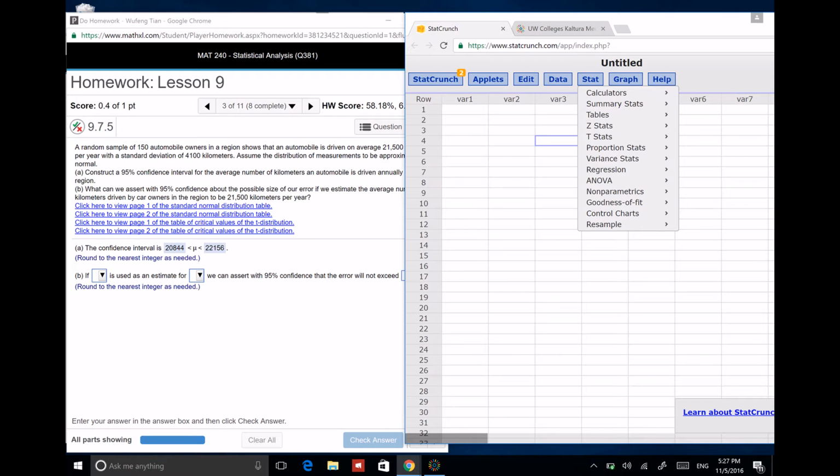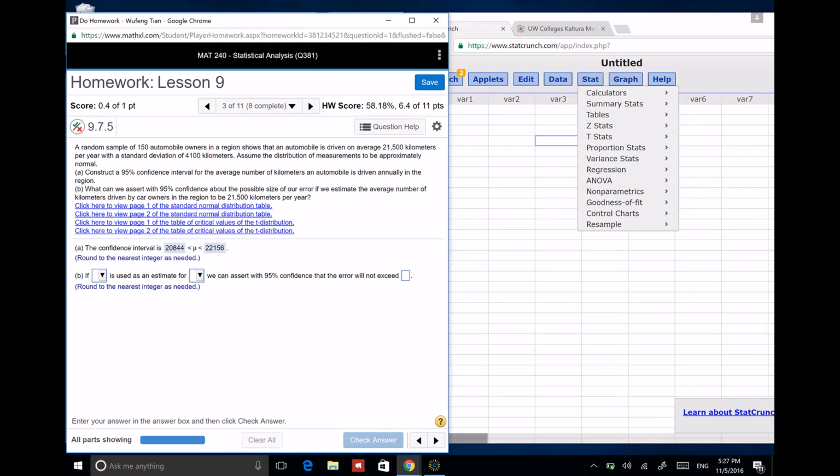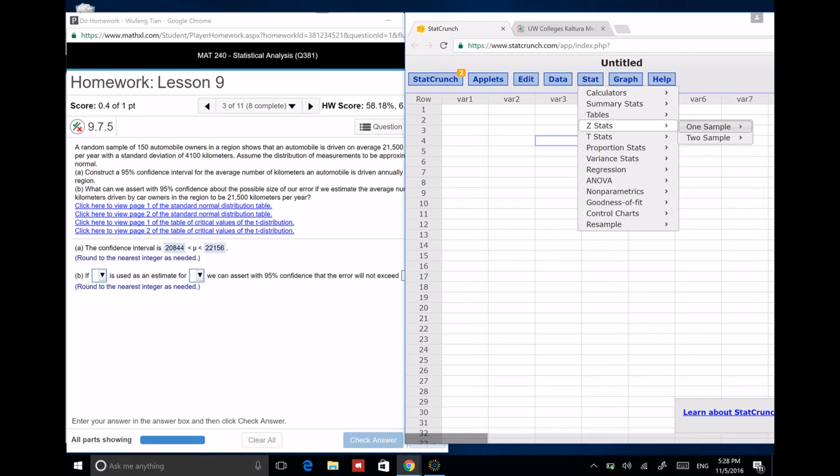It shows an average with the standard deviation. I think you have to use Z or T. Because it does not say whether this is the population standard deviation or sample standard deviation, I would think this is the population standard deviation, so I use the Z distribution, one sample with summary.